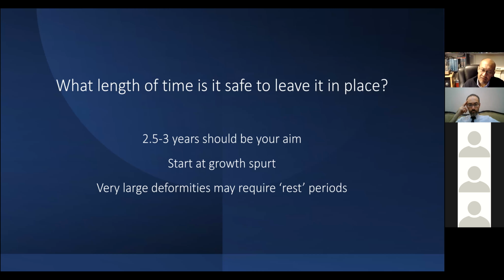If you've got a very large deformity and you cannot complete the treatment in 2.5 to 3 years, then it may be advisable at around 2.5 years to take out one screw so that you give a rest period of 6 months to a year, and then reinsert the screw to start the correction going again. So these are ways in which you can try and protect the physis from generating a permanent bar or a tether.